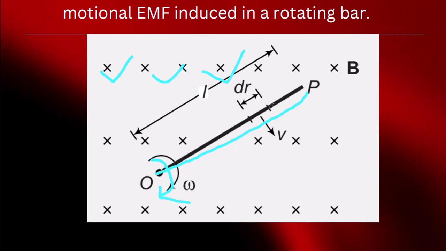The length of the conducting rod is L. Now we first take a very small element dr, and this dr is moving with linear velocity v at a distance r from the origin O. Now we will calculate the motional EMF due to this dr, then we will integrate over the length OP in the expression for dr.